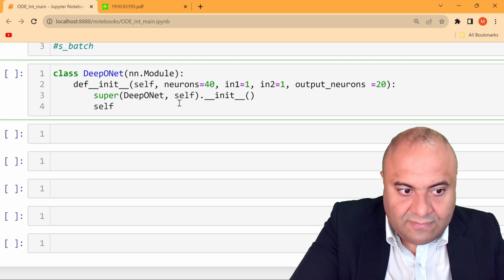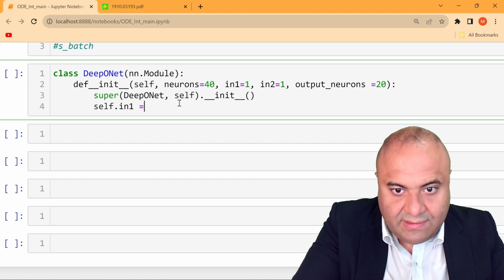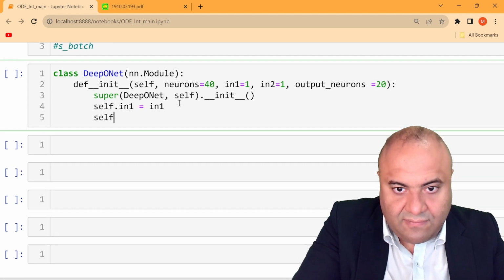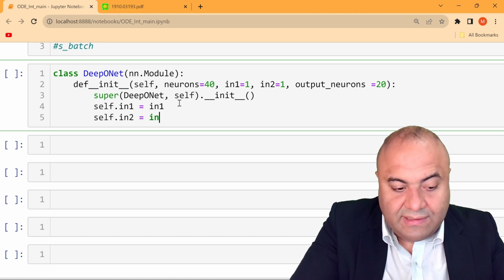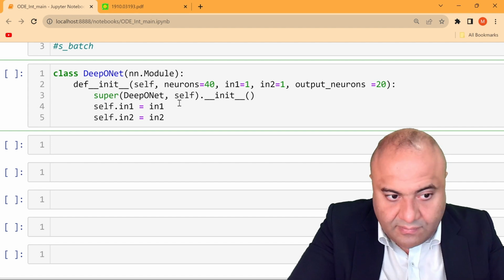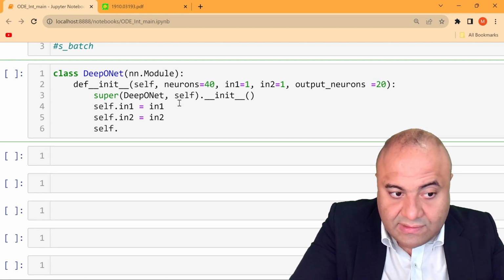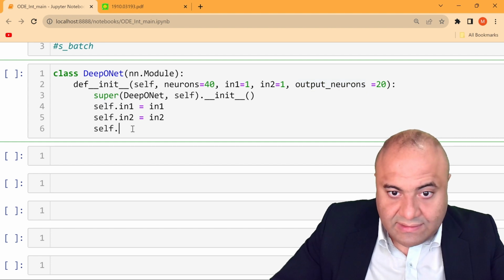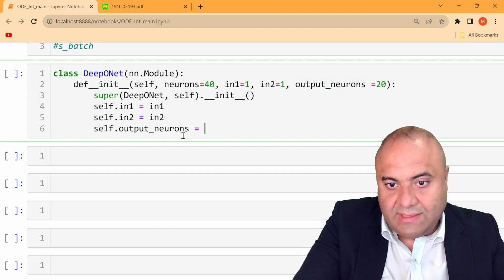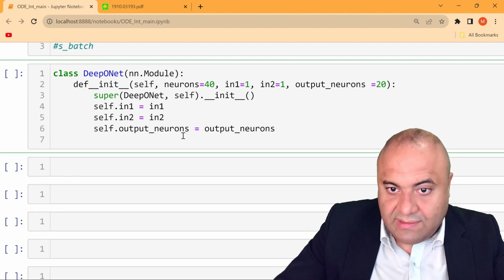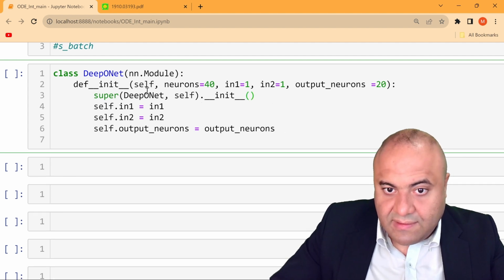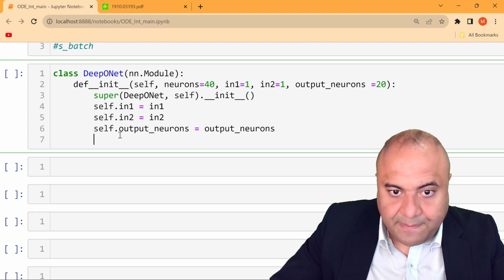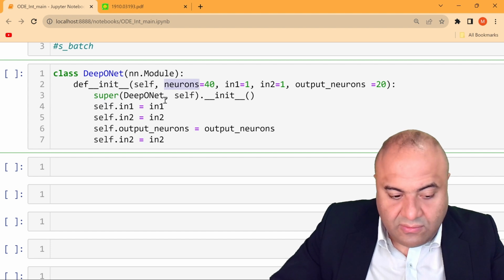Here self dot in1 we define by in1, and self dot in2 we define as in2, and self dot output neurons is going to be output neurons, and we didn't assign this neurons.